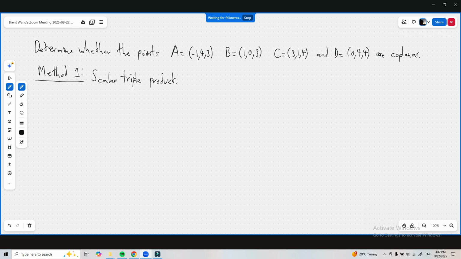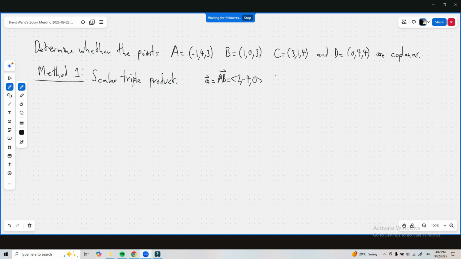We have 3 vectors. Let the vector A equal AB, which is equal to points B minus A, 2, -4, and 0.